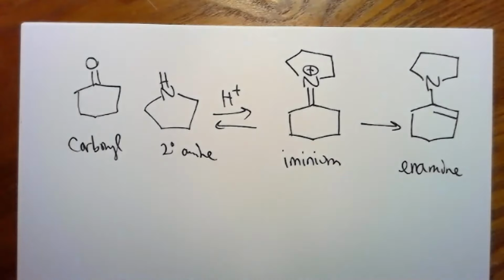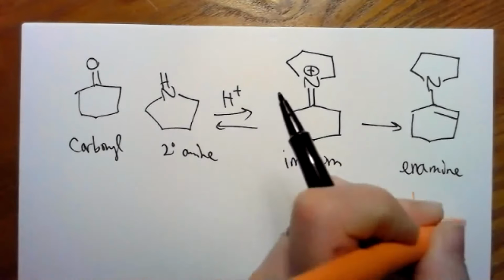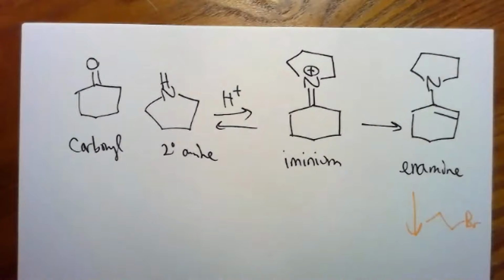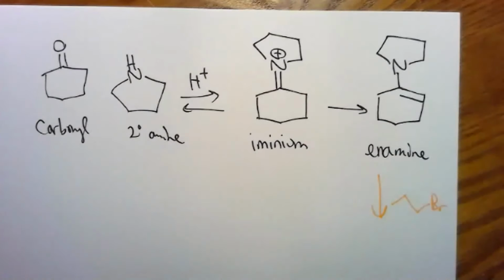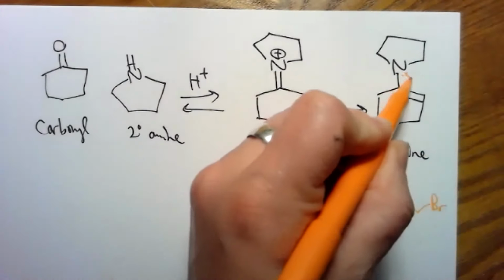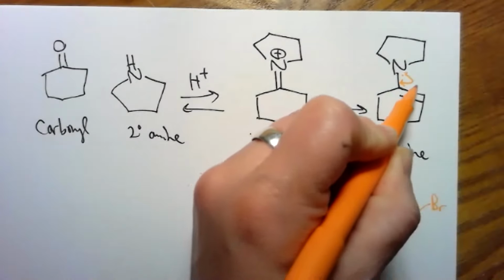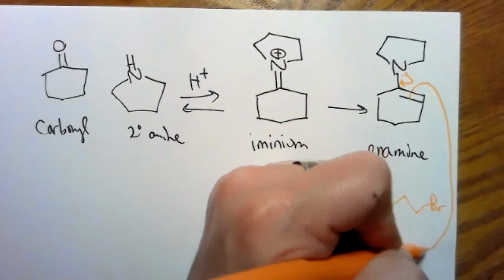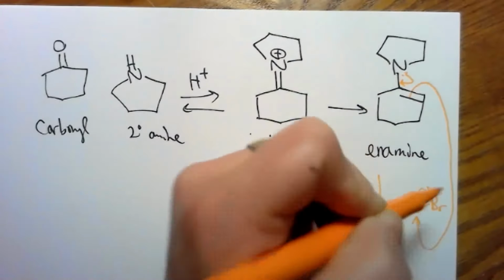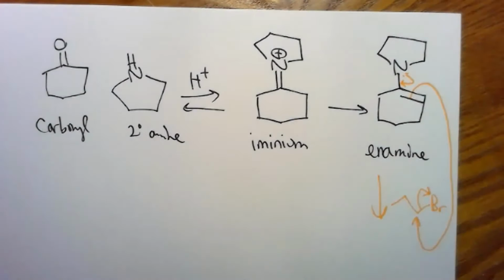It means that if I now add a good SN2 substrate, I can get that thing added to my alpha carbon. Yeah, really. Nitrogen folds down and kicks out to attack that carbon with your Br.